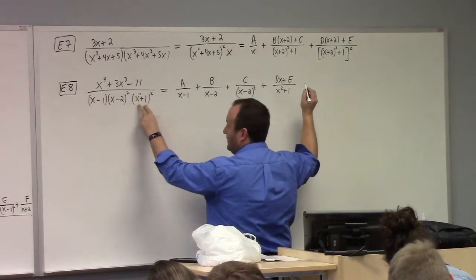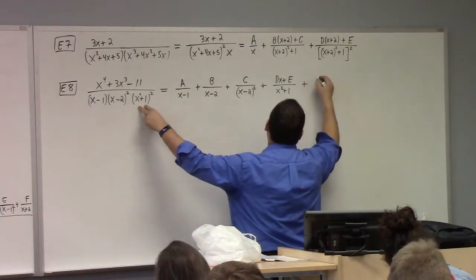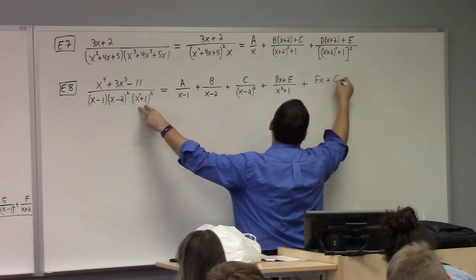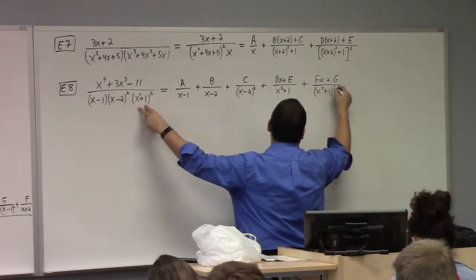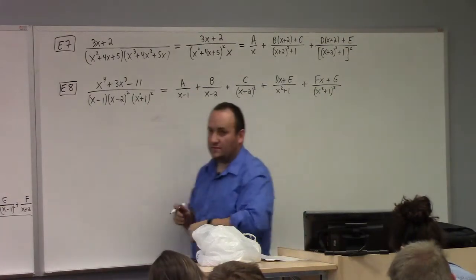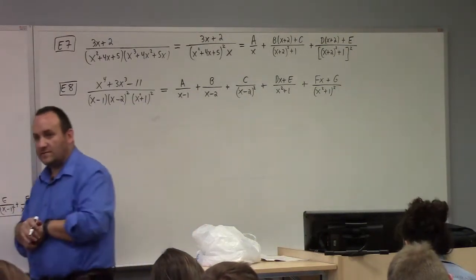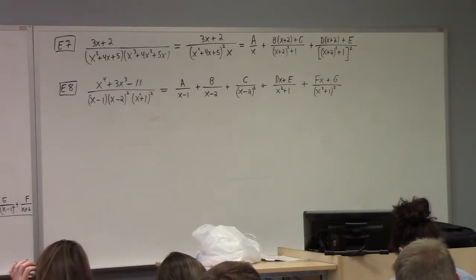But this is an irreducible quadratic squared, so I also have an Fx plus G over x squared plus 1 squared. It's a little bit nicer than the previous example because it didn't have that completing the square noise, if you will.